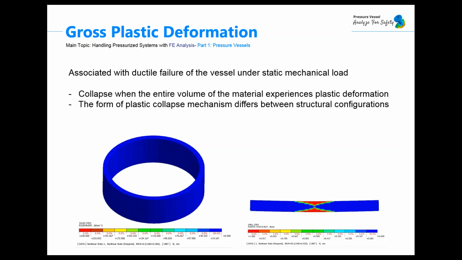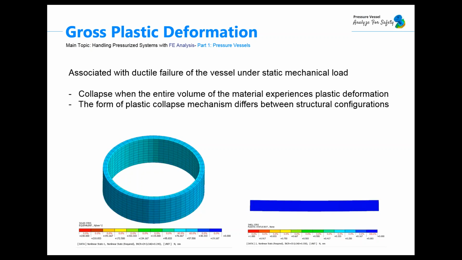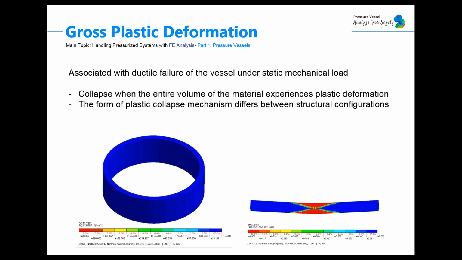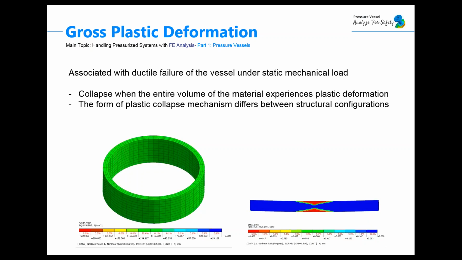So the form of plastic collapse mechanism differs between structural configurations, and this is why those pictures have been presented, because in some cases the entire volume of the structure experiences plastic deformation and failure, but in other cases only local regions of the body experience plastic straining, with the rest remaining elastic.